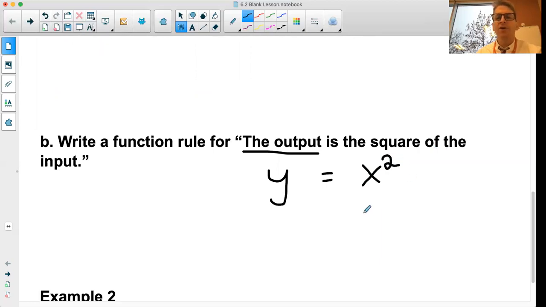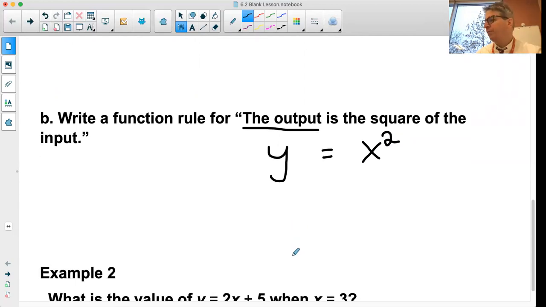And that would be the function rule, y equals x squared. And that is example 1. So you're going to have some questions where you're asked to write function rules. And that's what we're asked, taking the words and writing out the function.